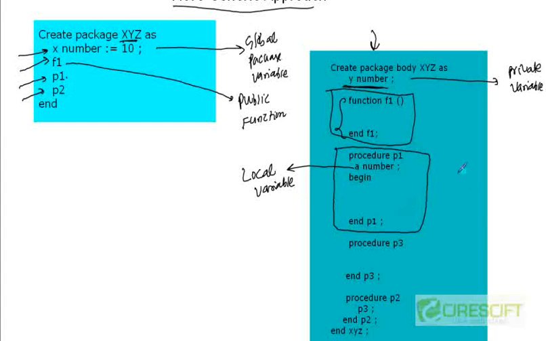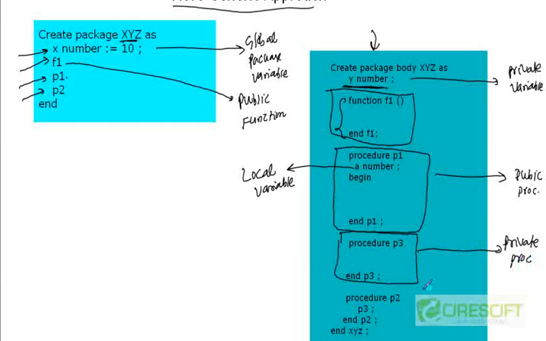Again, p1 is a public procedure that is defined inside this package body xyz. Then I have procedure p3, but look at procedure p3. It is a special kind of procedure because I do not have any mention of p3 in my package specification. So procedure p3 is essentially a private procedure.